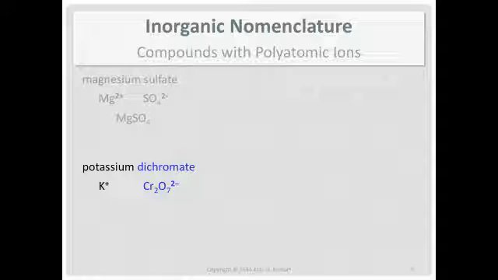So we still have the same rules that we worked with for other ionic compounds. Charge balancing, 1 plus, 2 minus. So you need 2 potassium ions. Therefore, there's the chemical formula for it. And you're still putting cation first, anion second. Those rules don't change.